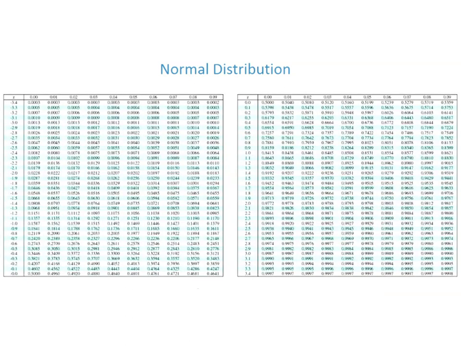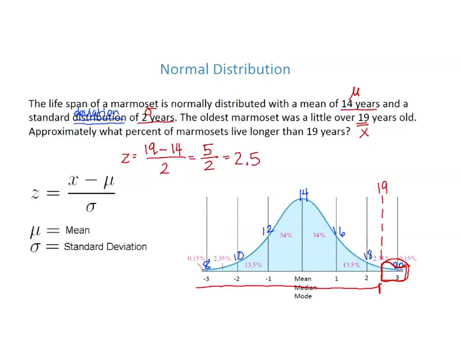So now I'm going to go to the z-score table. I'm going to find 2.5, which is right here. And there's nothing that comes after the 5. So this is the value I'm going to use. It's 0.9938. So the z-score, oops, let me fix that.